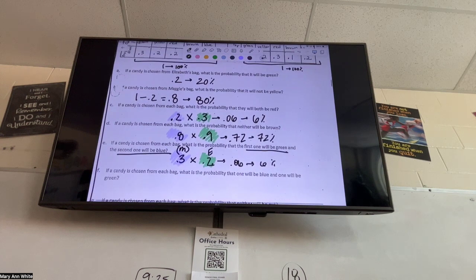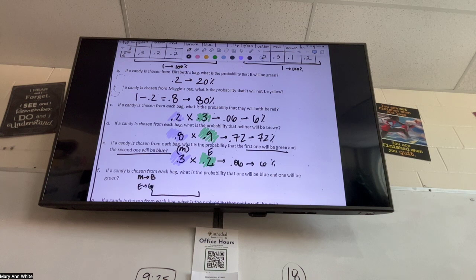Okay, now that's different than the next one where it says, if a candy is chosen from each bag, what's the probability that one of them will be blue and one of them will be green, okay? In this case, I'm okay with either of 2 scenarios, okay? One scenario is that we get, how am I gonna write this? We could get a blue from Maggie and we could get a green from Elizabeth.